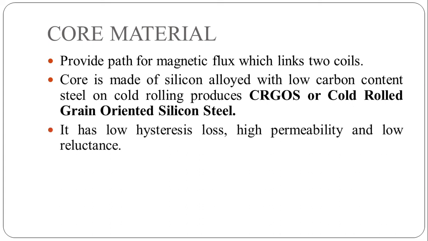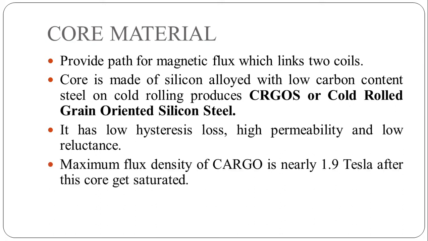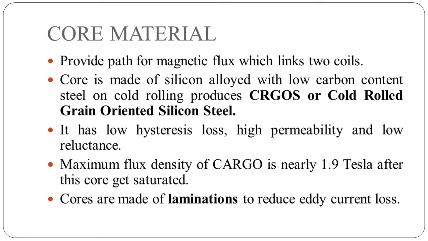It has low hysteresis losses, high permeability, and low reluctance. Maximum flux density of CRGOS is nearly 1.9 Tesla. After this the core gets saturated. Cores are made up of laminations to reduce eddy current loss.